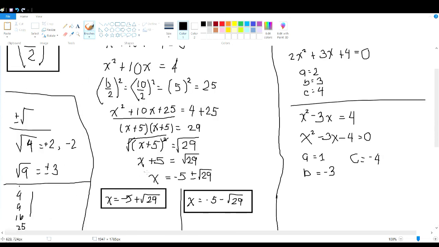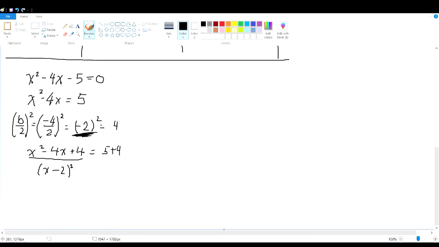Mapapansin nyo ulit dito, ang sagot natin kanina dito is 5. Kung ano yun nandyan, yun yung ilalagay mo dito. Positive 5 yun. Same as true with this one. Negative 2, negative 2. Is equal now to 5 plus 4, 9.